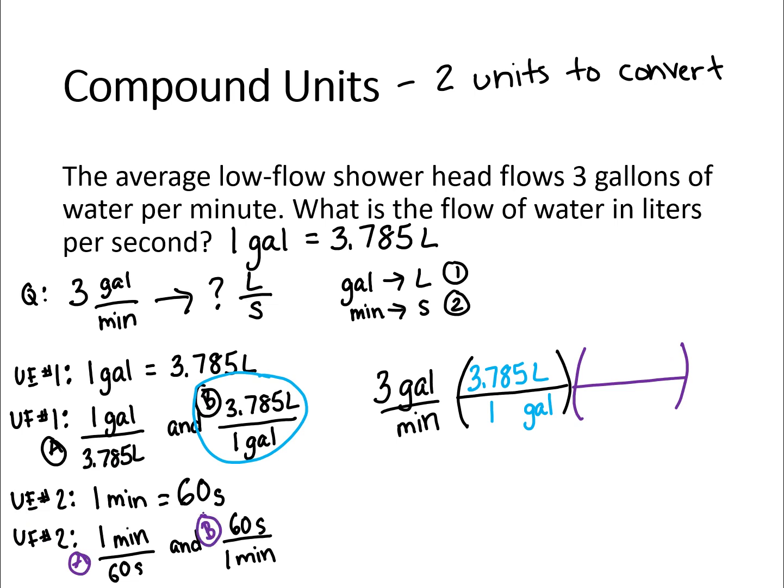We want to get rid of minutes. Minutes are in the bottom this time. So now thinking about that, do I need to use A or B if I'm trying to get rid of minutes?